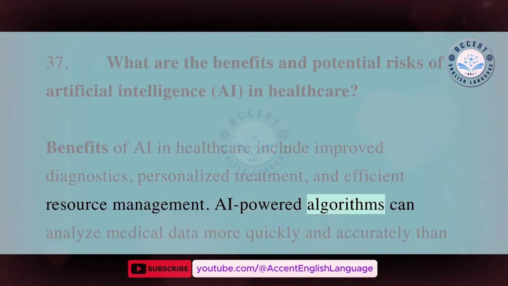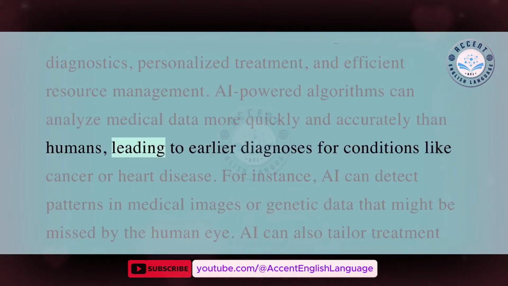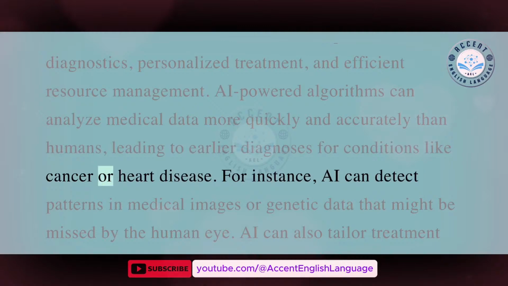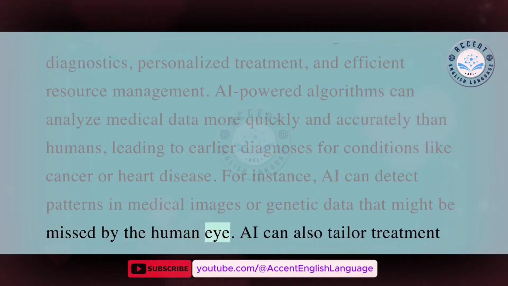AI-powered algorithms can analyze medical data more quickly and accurately than humans, leading to earlier diagnoses for conditions like cancer or heart disease. For instance, AI can detect patterns in medical images or genetic data that might be missed by the human eye.